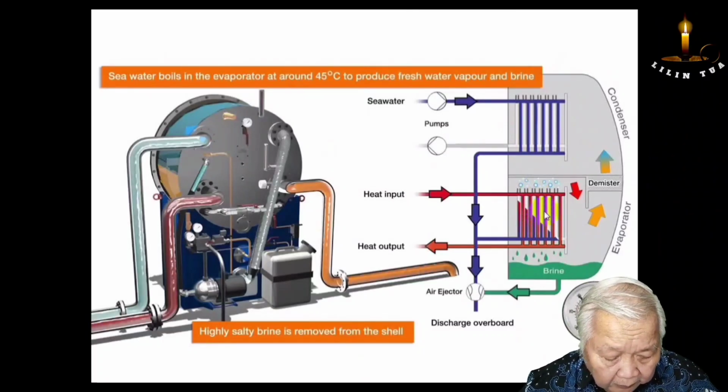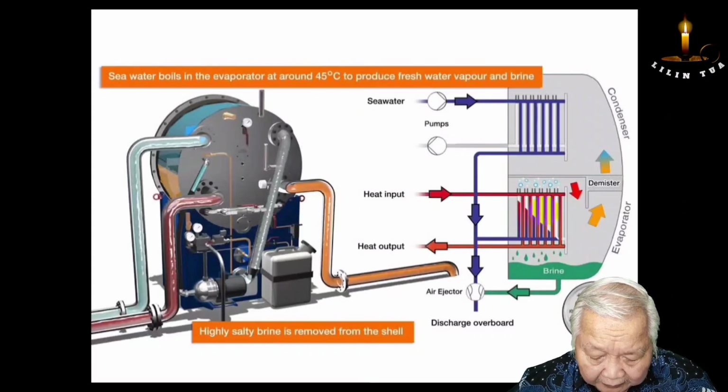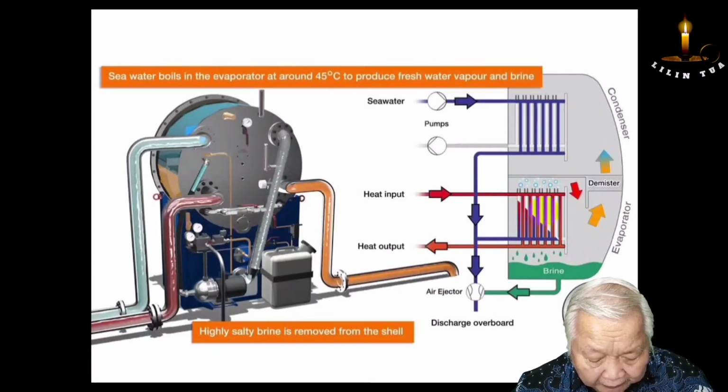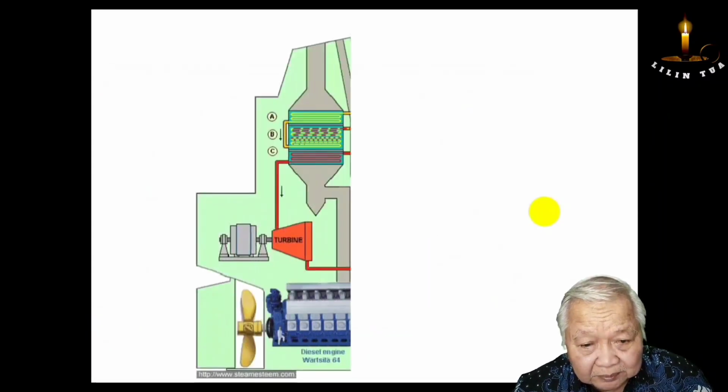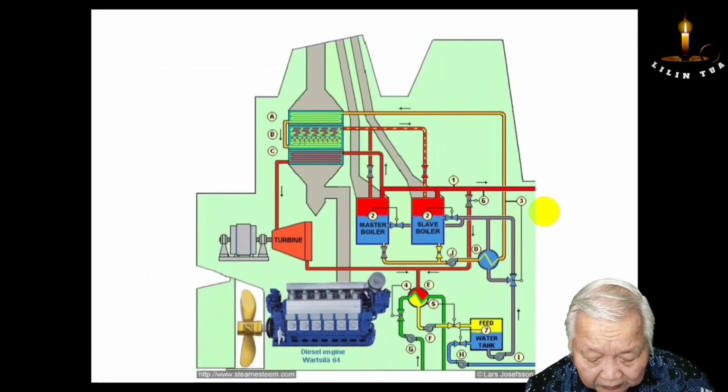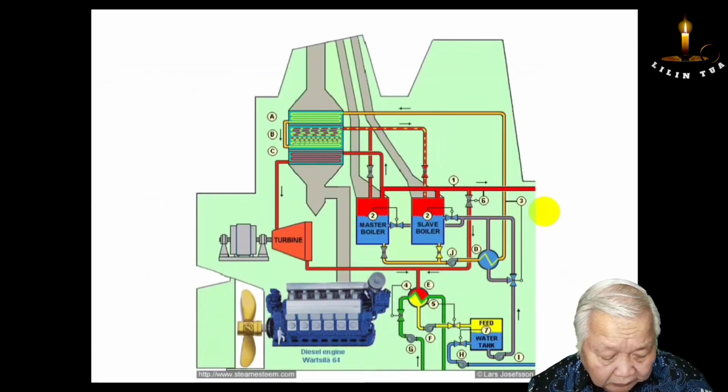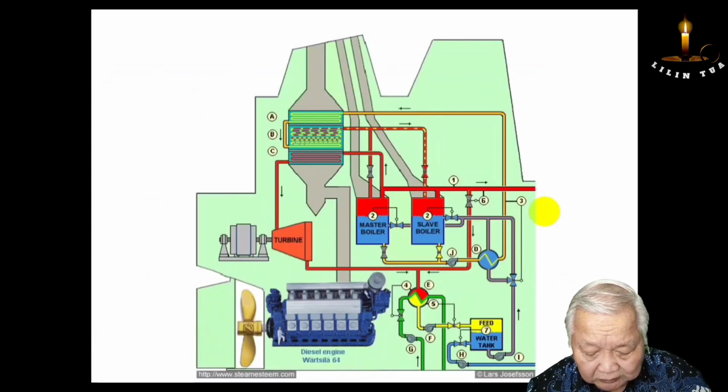Then the following picture is a diagram of the steam engine installation, where the steam boiler is the main device to produce steam power.